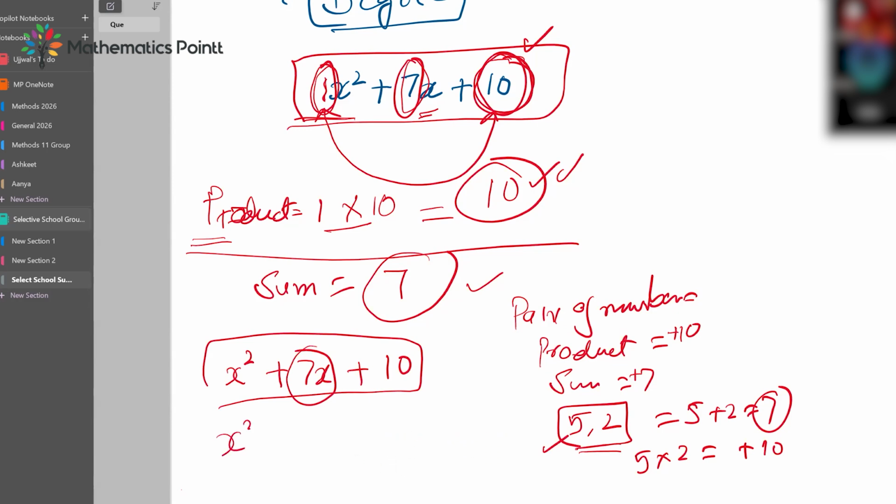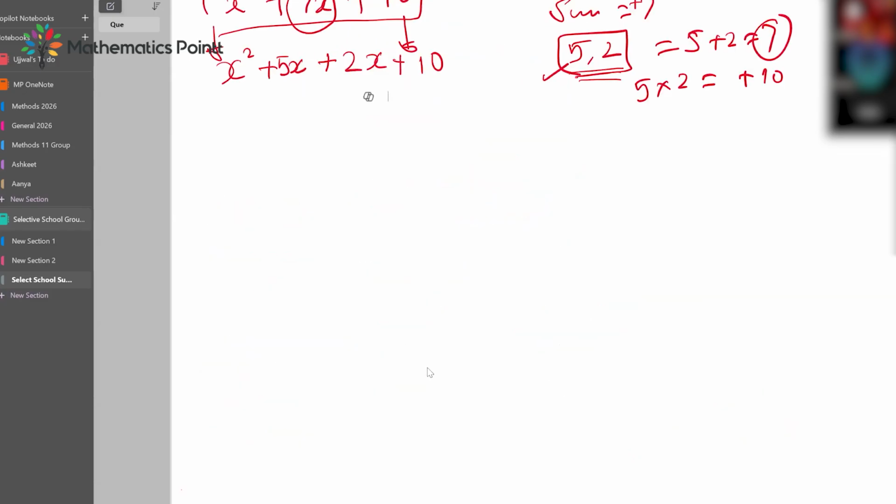Write the first term as is and the last term as is. In between them, the 7x is now separated out into two parts, plus 5x and 2x. So your expression now becomes x square plus 5x plus 2x plus 10.